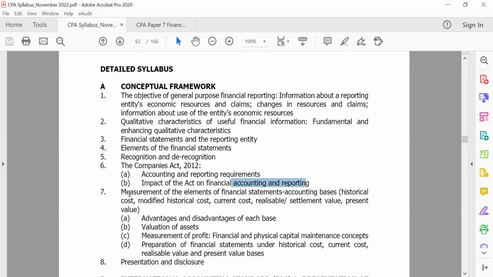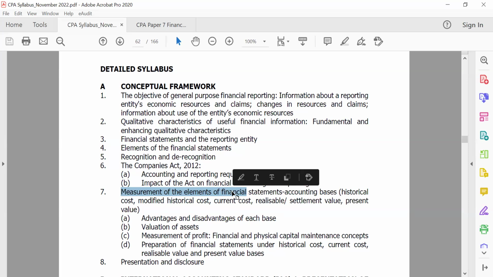And then we'll be able to understand how do we measure elements of financial statements using different aspects like historical cost, modified historical cost, current cost, realizable or settlement value, present value, and so on. And then being able to understand the advantages and disadvantages of each basis.